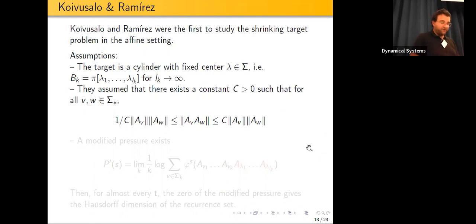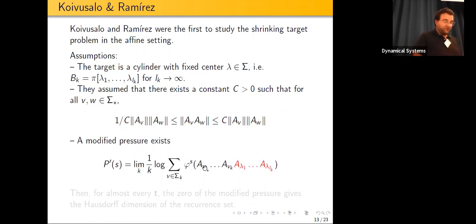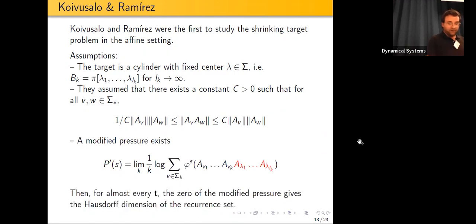And further, they also assumed that this modified pressure exists. So this normal pressure, but you also chuck in these words that you want, these targets. And then they get the result you would maybe expect. The zero of this modified pressure function gives you the Hausdorff dimension of the recurrent set under these assumptions.